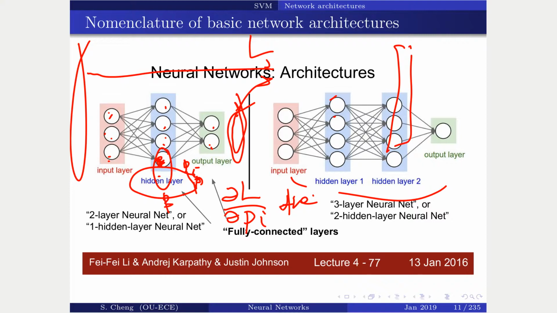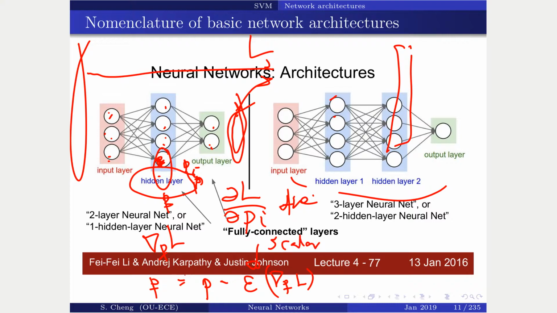So therefore, I can find the gradient of this L with respect to this P here. Then how I should change this P would be something like P minus the gradient of P times some epsilon, where epsilon is some scalar.